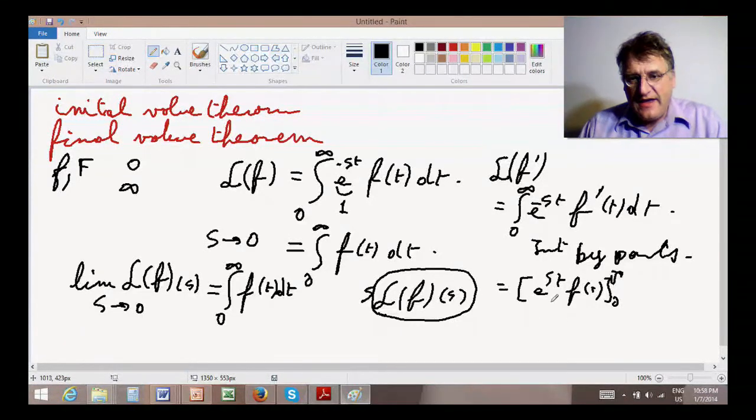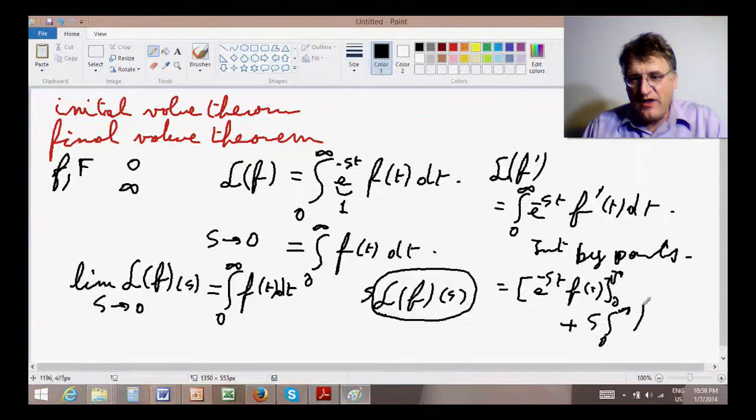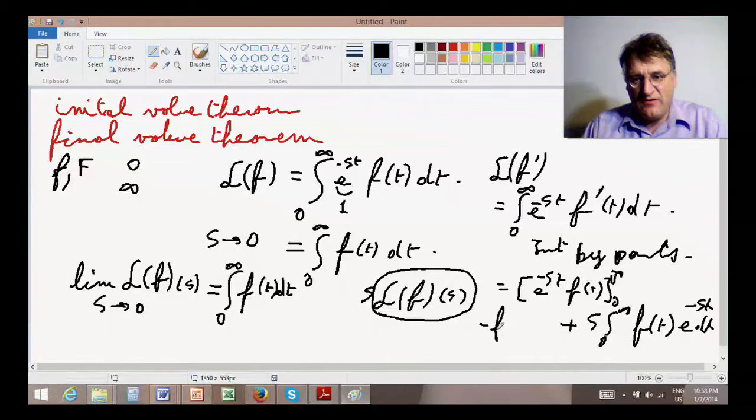So we got e to the minus st here, f of t, and then we said plus s times the integral from 0 to infinity of f of t times e to the minus st dt. Now, hold on a second, this was equal to minus f of 0.